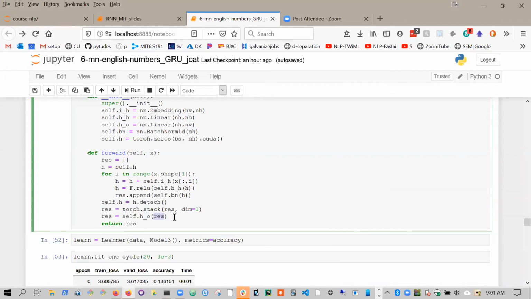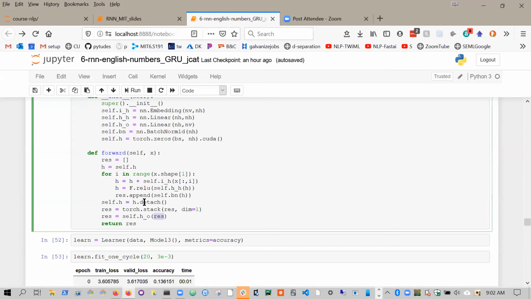Does that make sense? Sort of, but now self.h is h detached. Where does h get used here? Oh, in the torch.stack of results, because in the result you have appended the batch-normed h.